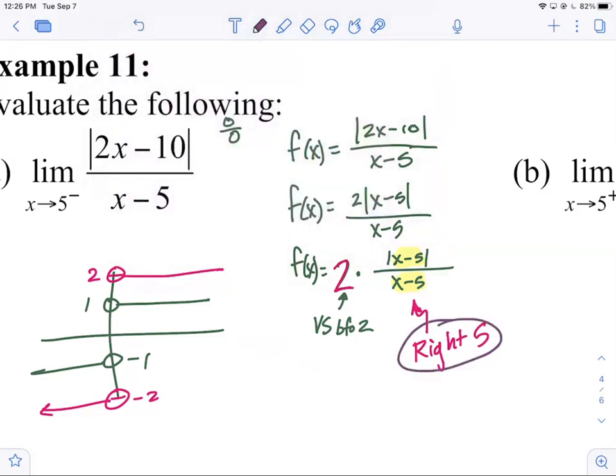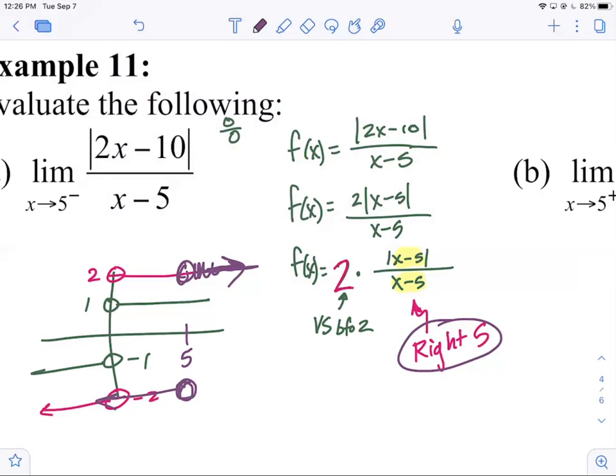What used to occur at 0 is now over here at 5. Okay, and there's what the new function looks like. Okay, there's a jump now, not at 0, but at 5, and it jumps from -2 to 2.